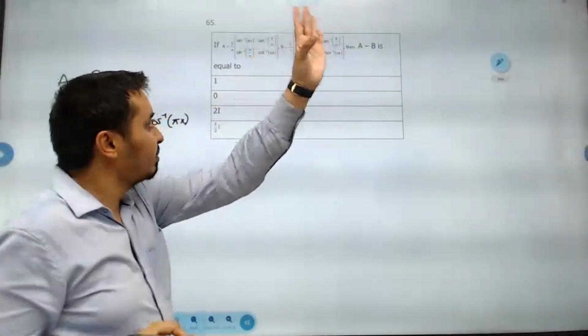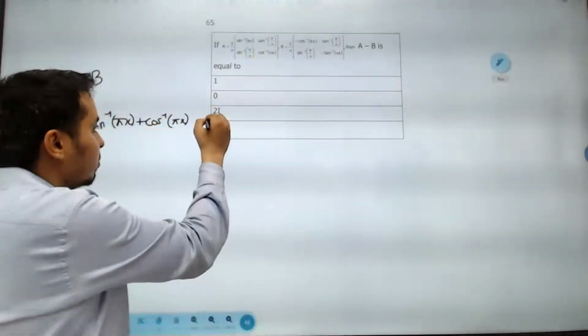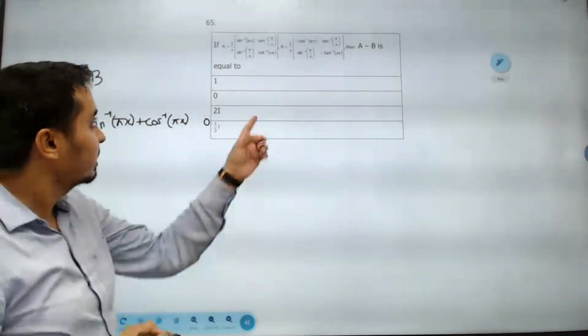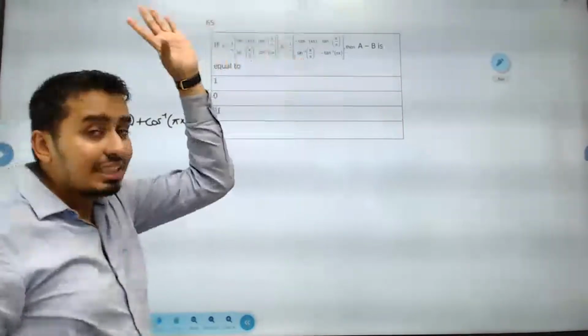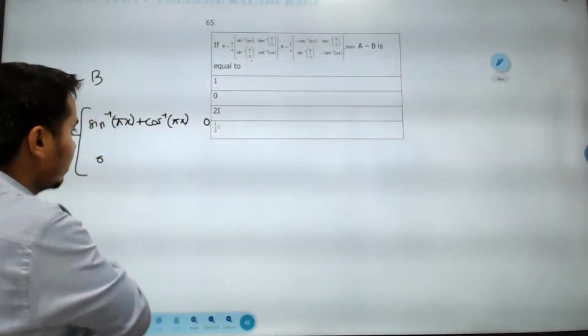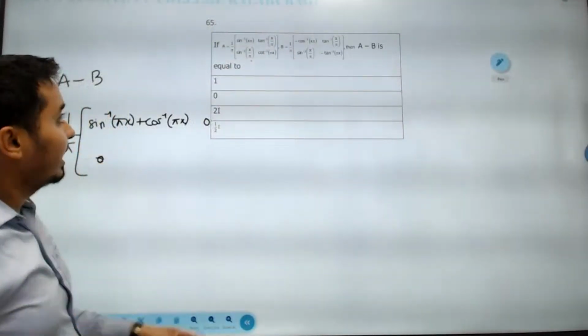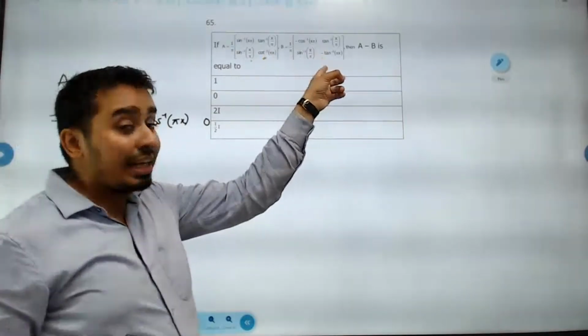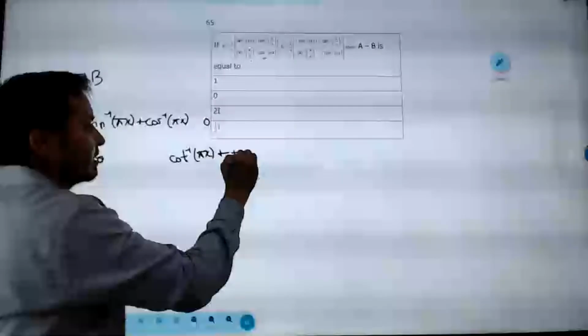And tan inverse x by pi minus tan inverse x by pi is 0. So the second element is 0 here. Sin inverse x by pi minus sin inverse x by pi, again 0, right? And then here cot inverse pi x minus of minus tan inverse pi x.